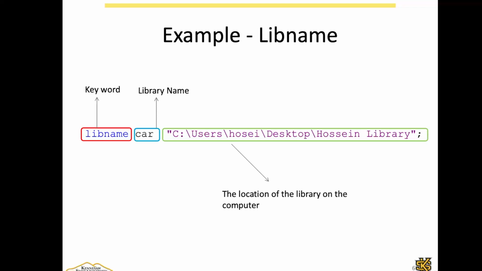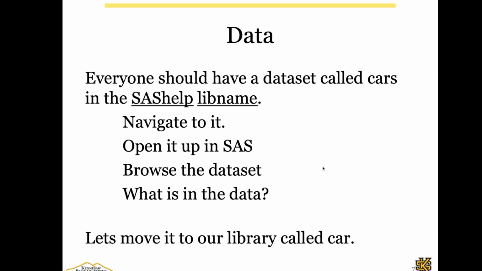In my case, I'm using the Hostel library folder on my desktop, and we can see that it again starts with libname. It starts with car, which is the library name I would like to use, and then the address. Again, this address is totally different on your machine, so you need to make sure whatever folder you create on your desktop is used as an example. It's easier for you to just put your folder on the desktop, like we discussed last session. That is considered the address for creating this library.